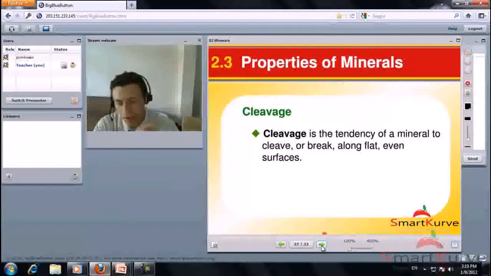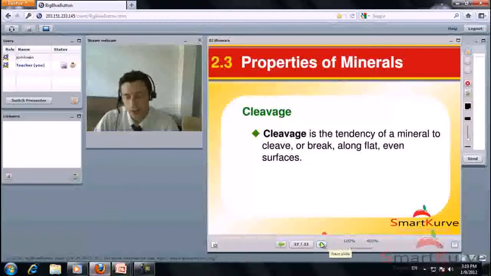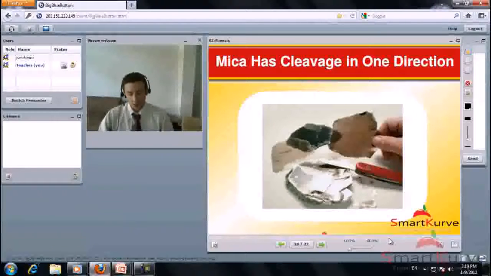Cleavage. Next, on slide 27, cleavage is the tendency of a mineral to break on flat, even surfaces. So you could see quartz has very high cleavage because it's always breaking on straight lines. Those crystals are always straight. On the next slide, 28, we see an example. Mica has cleavage in one direction.